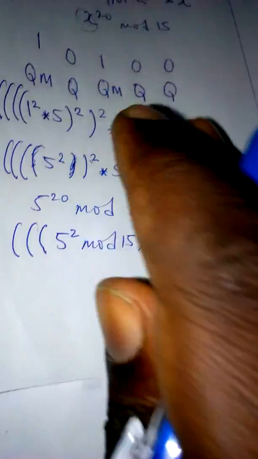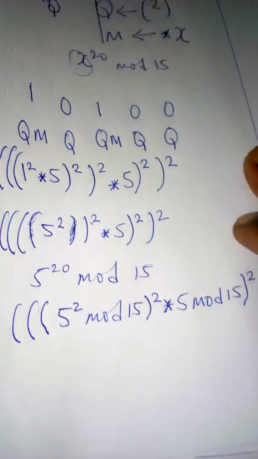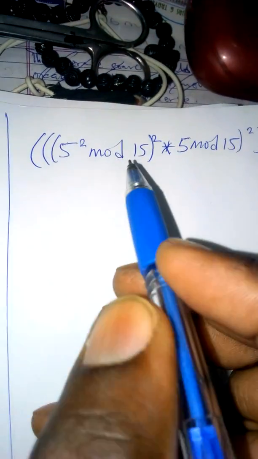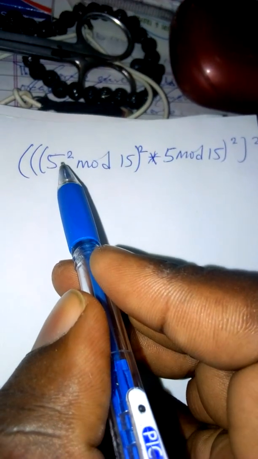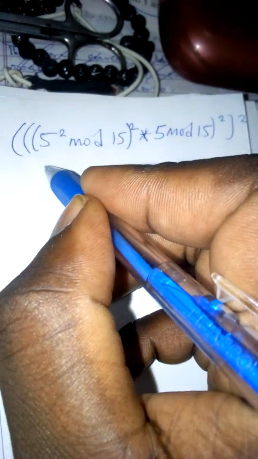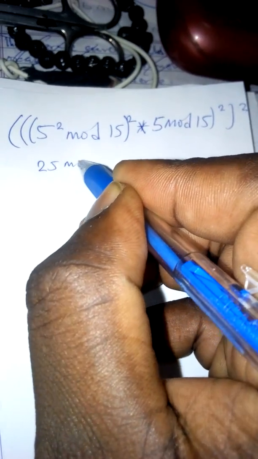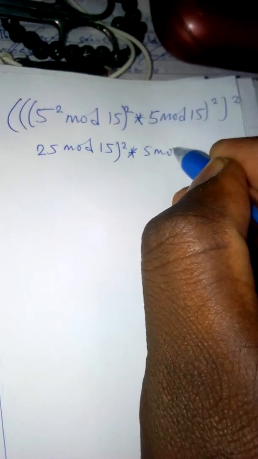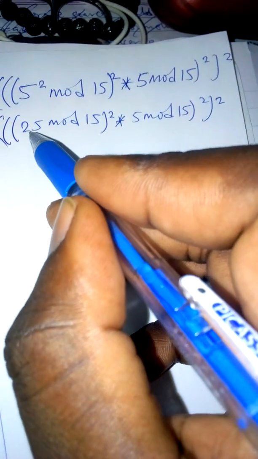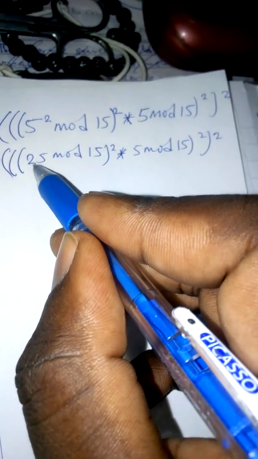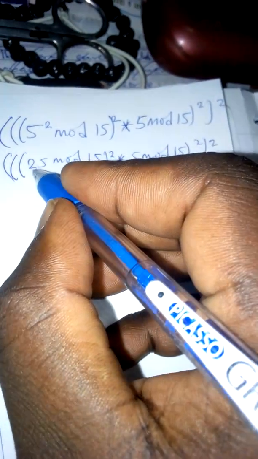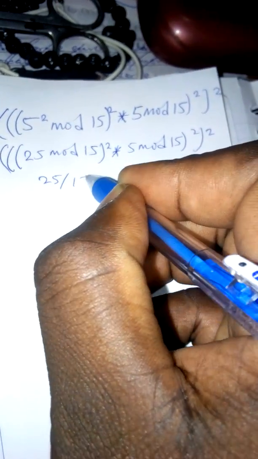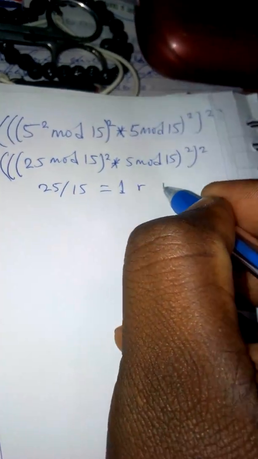Now we simplify this. 5 to the power of 2 is 25, so 25 mod 15, squared, times 5 mod 15, squared. We calculate 25 mod 15: 25 divided by 15 is 1 remainder 10, so it is 10.